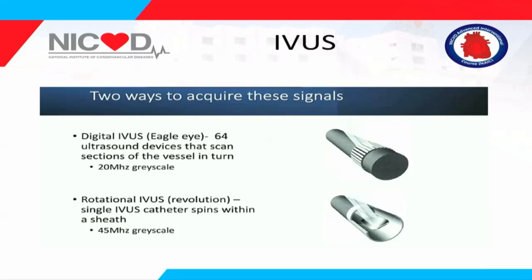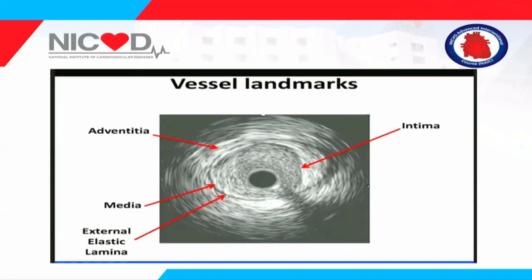to make people understand. Regarding IVUS, we have two kinds of IVUS probes. One is the digital IVUS, the Volcano, and the other is the rotational IVUS, Boston Scientific, that we use nowadays in our lab. So why do we go for IVUS? What's the importance of IVUS? It is the importance of imaging in nowadays coronary interventions.